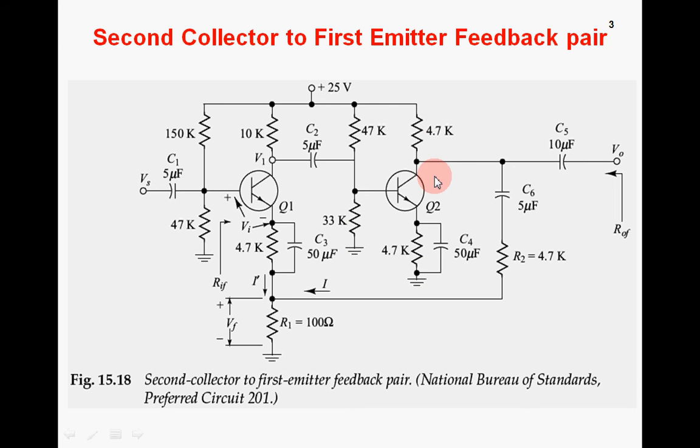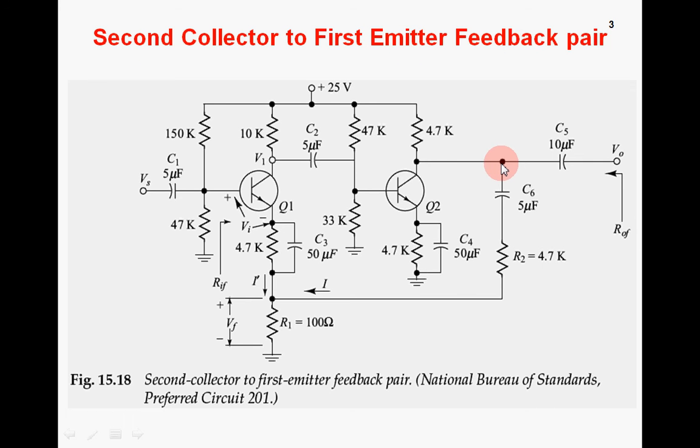You can see the collector terminal of the second transistor is connected to the emitter terminal of the first transistor, and that is why the name is given second collector to first emitter feedback pair.